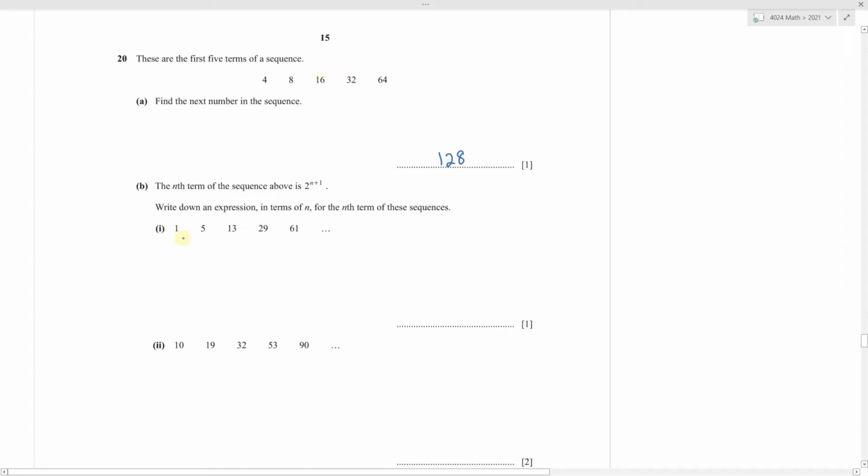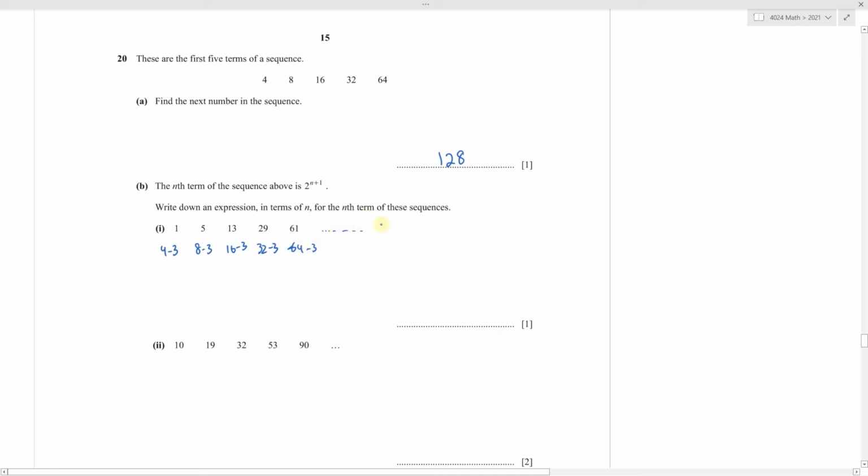16. So if I take this sequence, what I'm doing is, first term is 4 minus 3. Second term is 8 minus 3. Third term is 16 minus 3. Fourth term is 32 minus 3. Fifth term of this sequence is the fifth term of the sequence above, 64 minus 3.